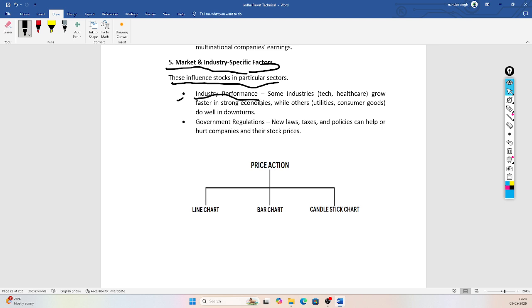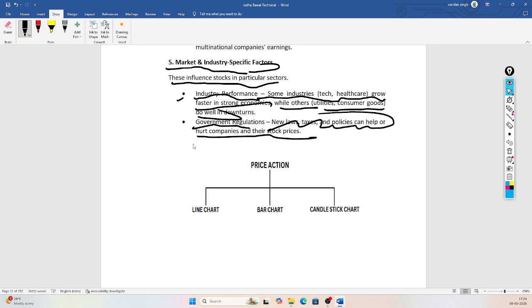Industry performance: some industries, like tech and healthcare, grow faster in strong economies, while others, like utilities and consumer goods, could do well in downturns. I hope you understand this much because it's easy. Government regulations: new laws, taxes and policies can help or hurt companies and their stock prices.